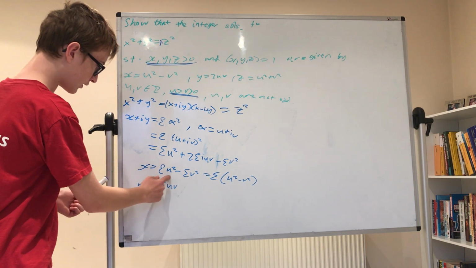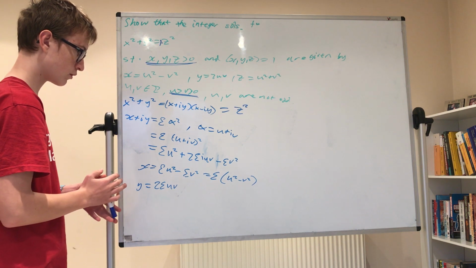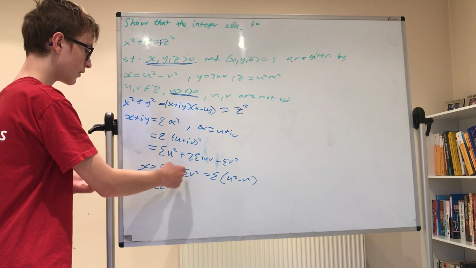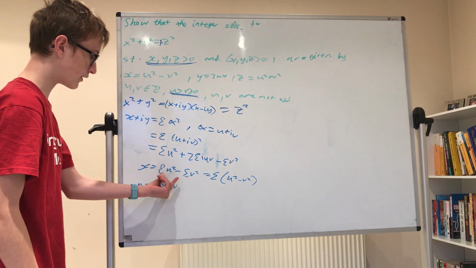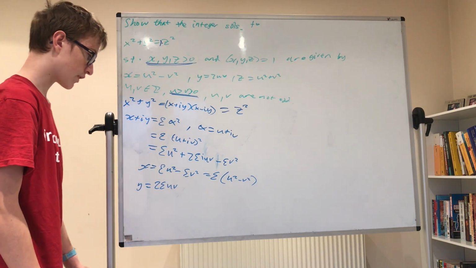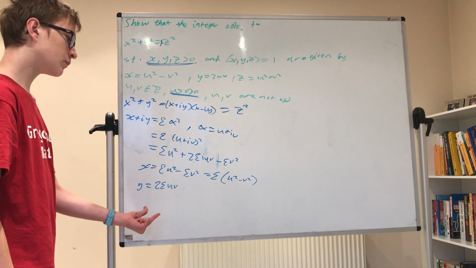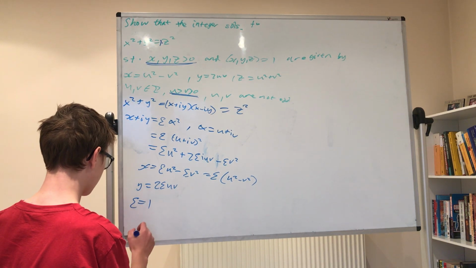So if epsilon were negative, then we would have negative u squared plus v squared, and because v is less than u, this would be a negative number, and also this would be a negative number. So we can't have that either. So the only one which works is epsilon equals 1. So epsilon equals 1 must be.